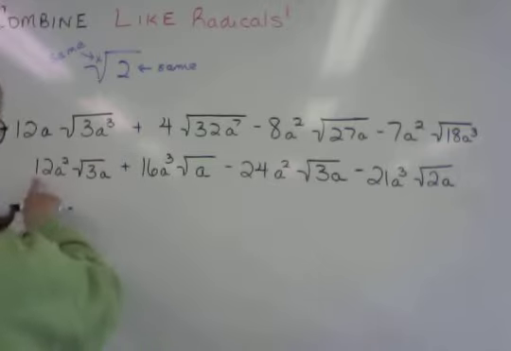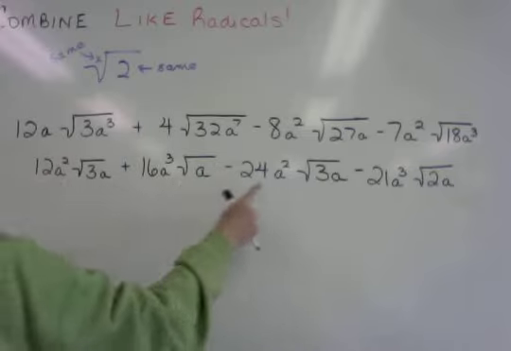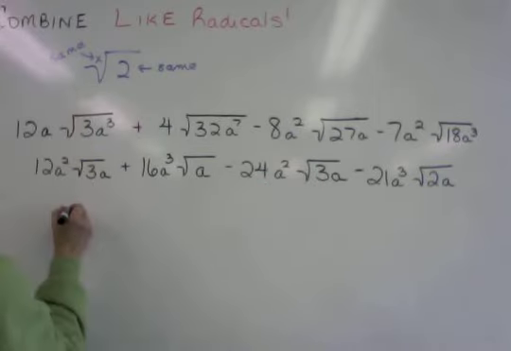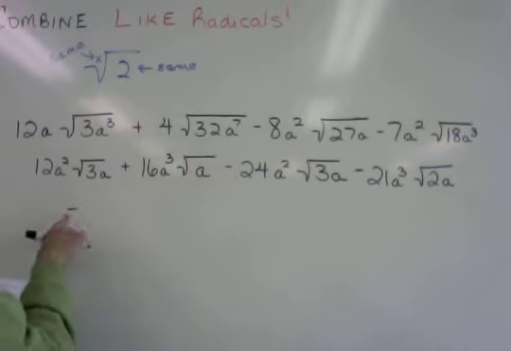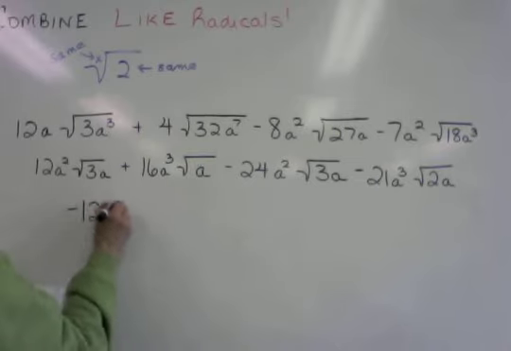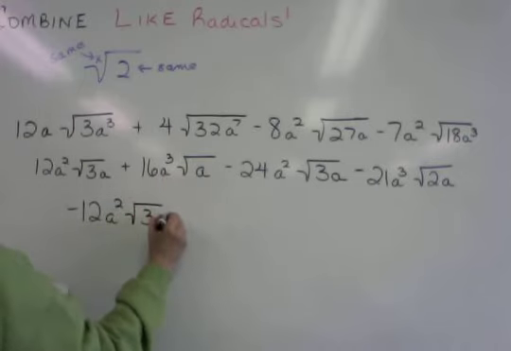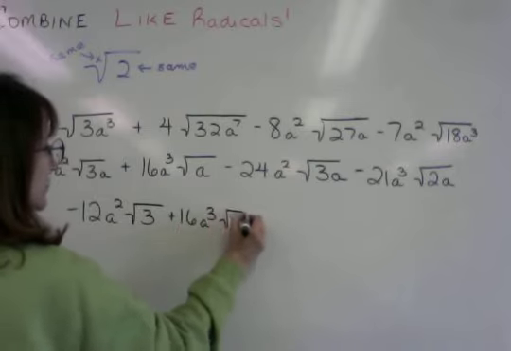So I can combine these because this A square is a like term, and the 3A under the radicals are like terms. So if I put the positive 12A and add it to the negative 24, I am going to subtract, take the sign of the larger absolute value number, and that's going to become a negative 12A squared to the radical of 3, and then I just bring my other 2 down, which is the 16A cubed to the radical of A.